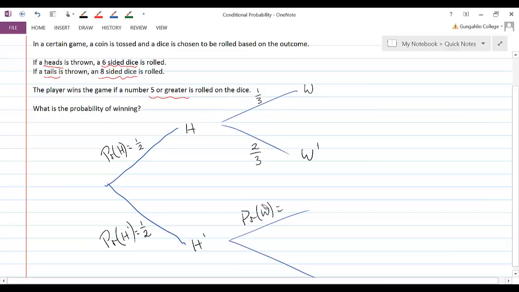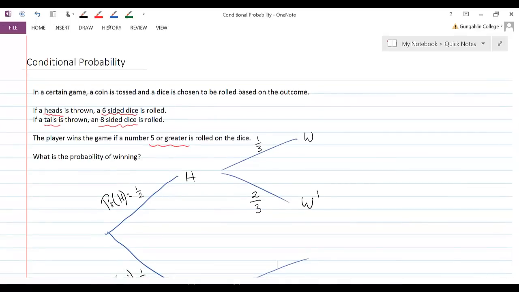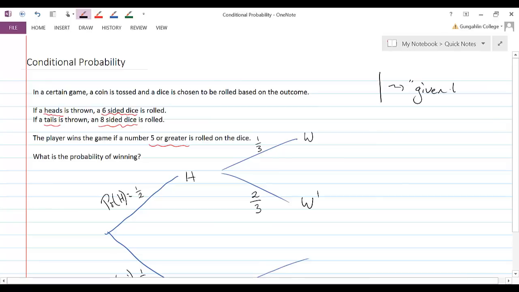So the way I'm going to denote that is using what we call conditional probability notation, and that uses this symbol here, a vertical bar. Now a vertical bar in probability represents a way of saying given that. So what I can do for this probability is say, what's the probability of winning given that I threw a heads?